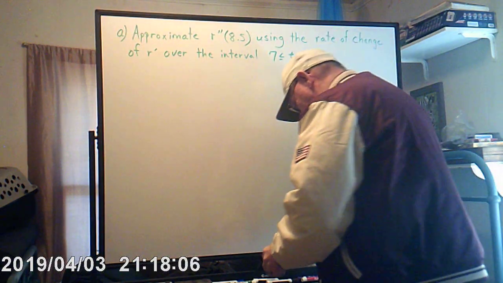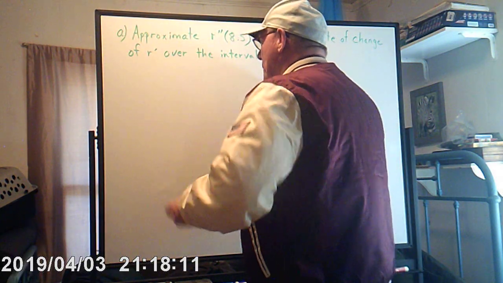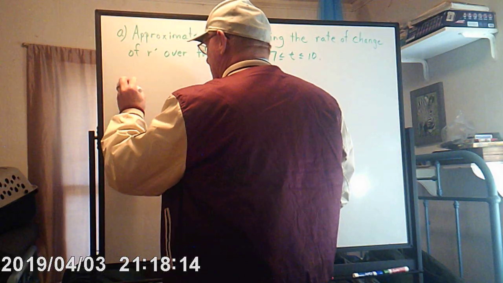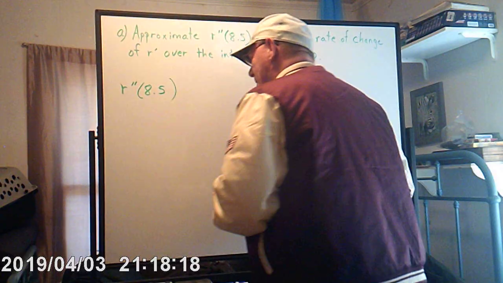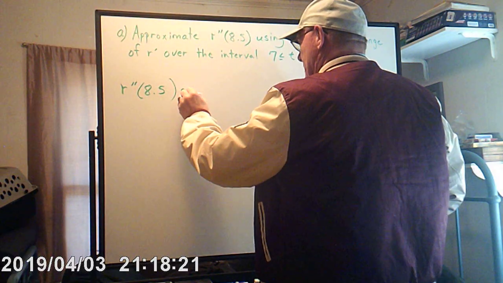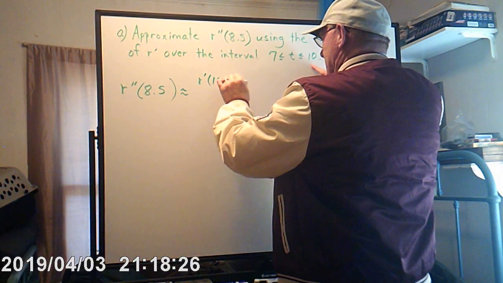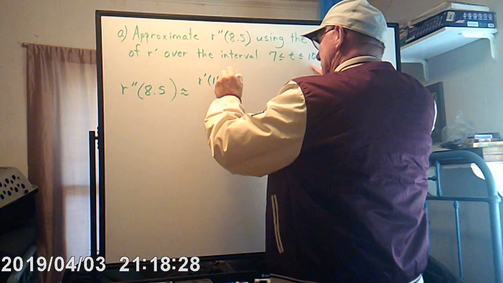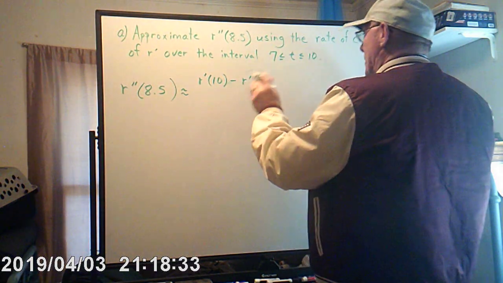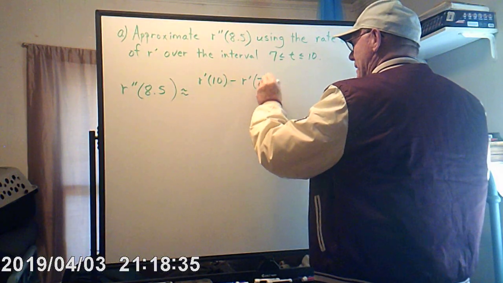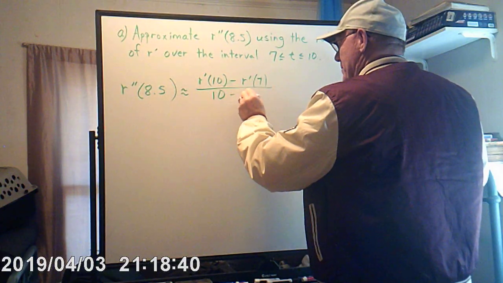So what we have to figure out is that R double prime of 8.5 is about equal to R prime at 10, and keep in mind you do minus R prime at 7. This is what rate of change means here. And then of course you're going to divide by 10 minus 7.